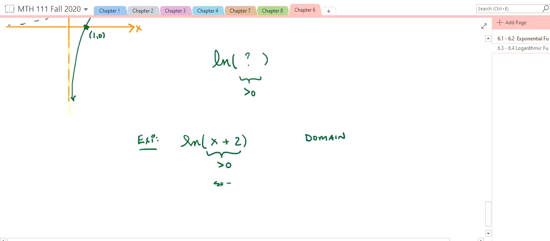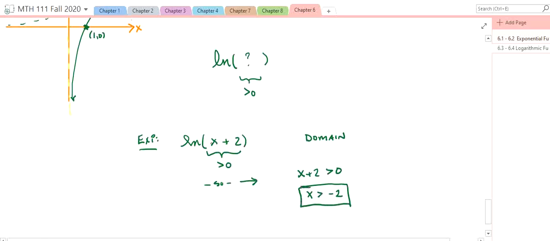So x plus 2 must be greater than 0, or x must be greater than minus 2. And that makes perfect sense.